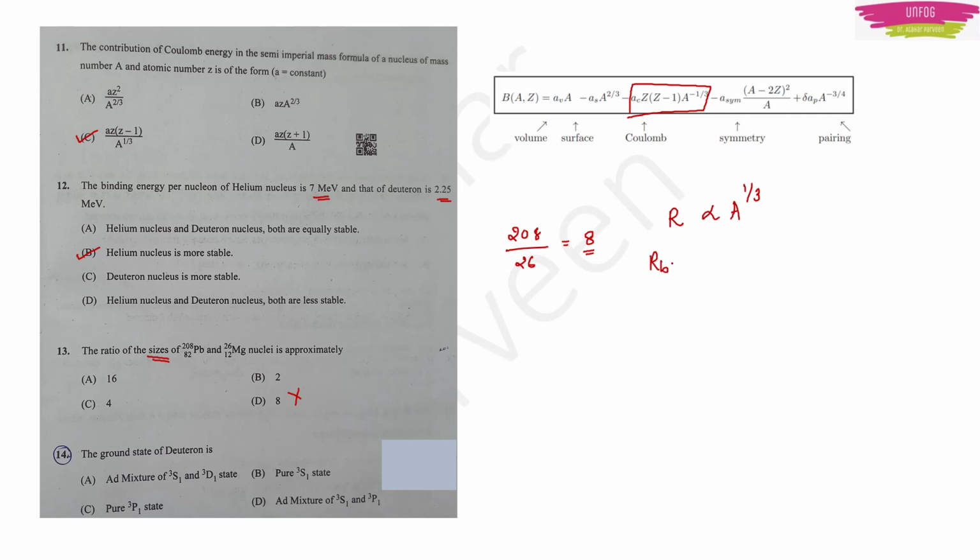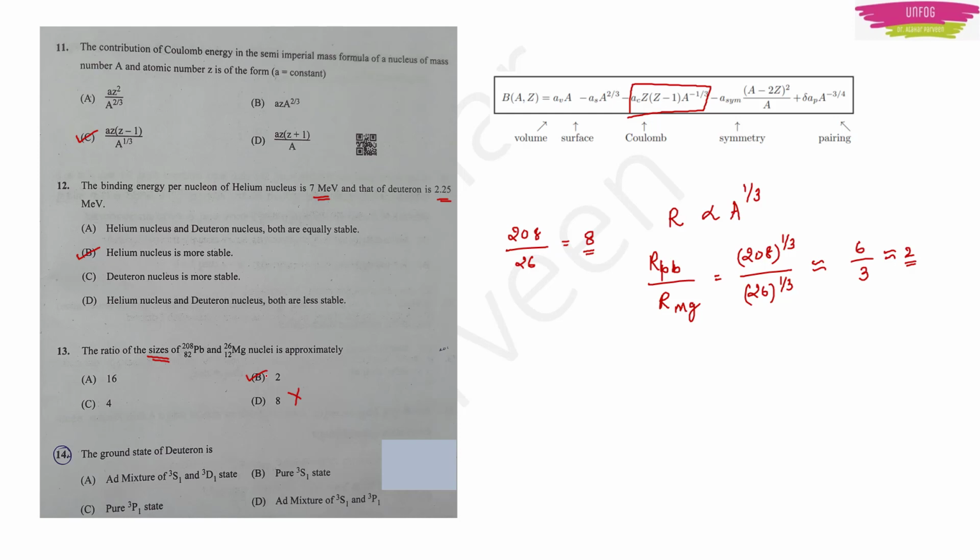So ratio of Pb and Mg will be equal to cube root of 208 by cube root of 26. So this will be equal to, for 208 it will be approximately 6 and for 26 it will be approximately 3 and your answer will be 2. So option B is the right answer.